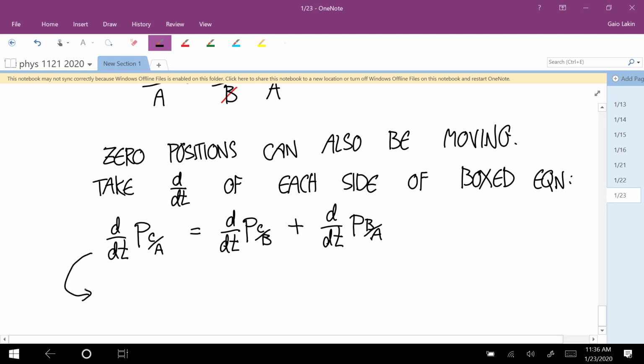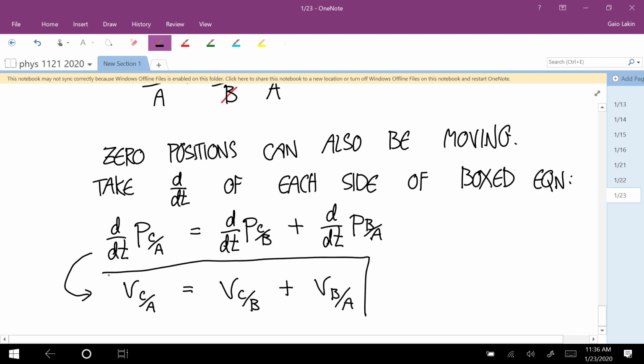So you can think of this as the velocity of C that's observed by A is equal to the velocity of C that's observed by B plus the velocity of B that's observed by A. And so there's the velocity relative motion equation. And that subscript rule still has to work. I didn't change anything about the order of the subscripts.